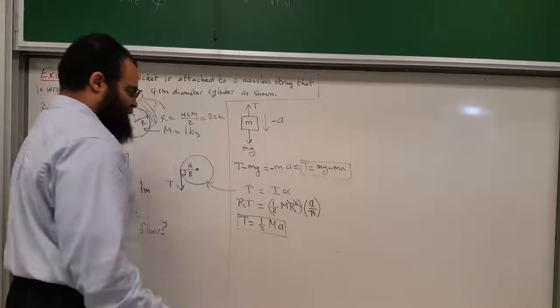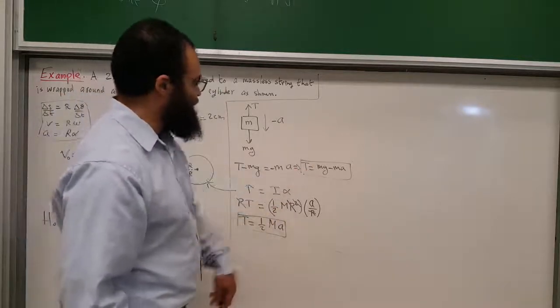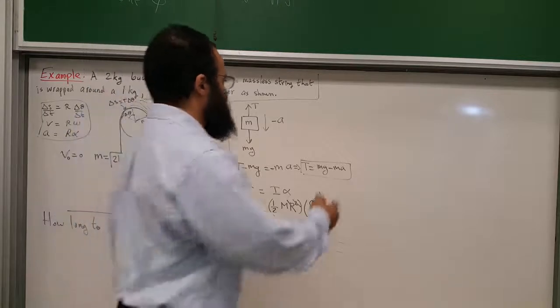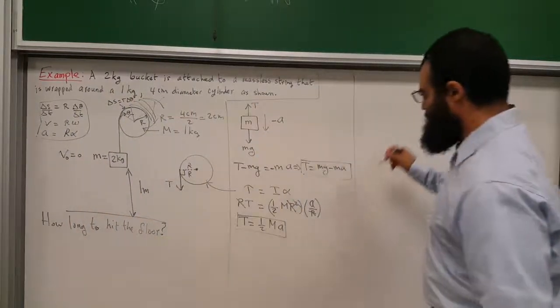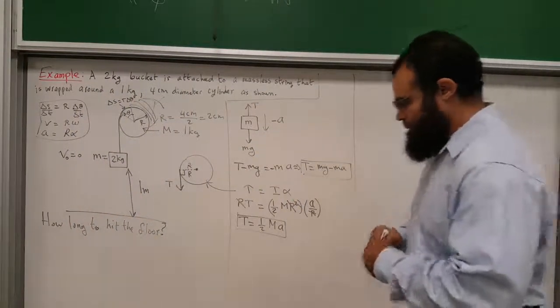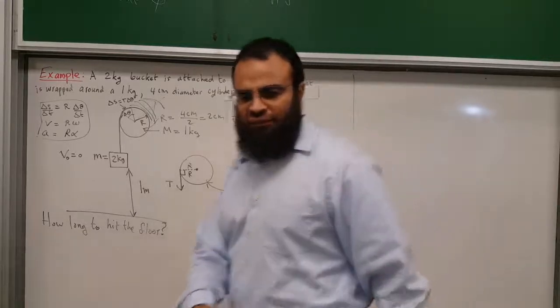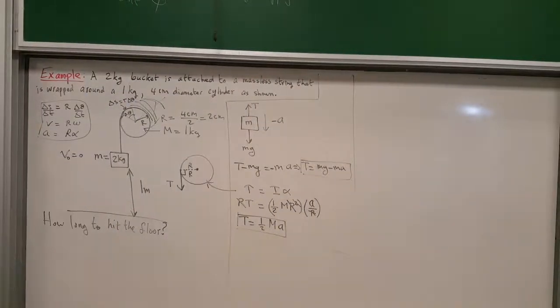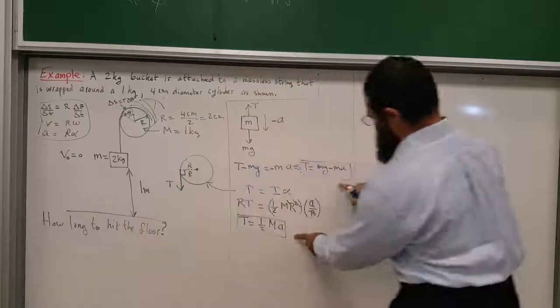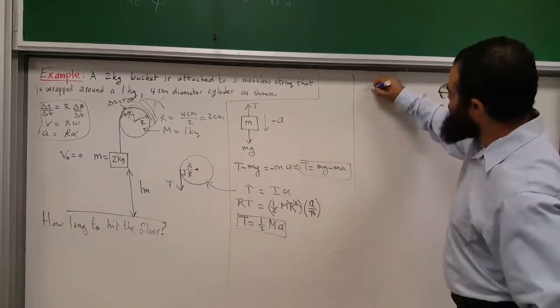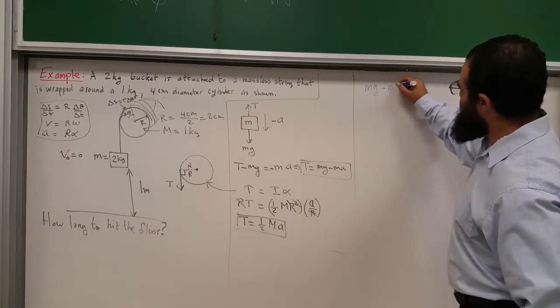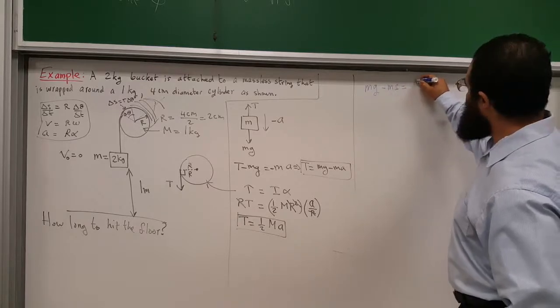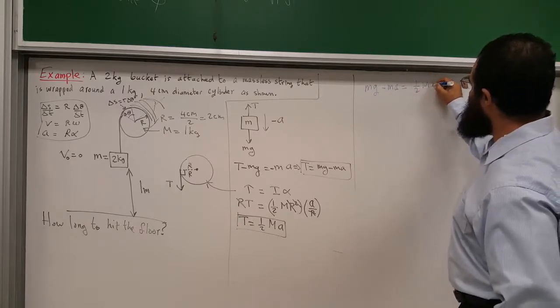Set these two equal, because the tension is this and the tension is that, so let's set them equal and get the acceleration. These two are equal. So I get mg minus ma is equal to 1/2 of capital M times a.